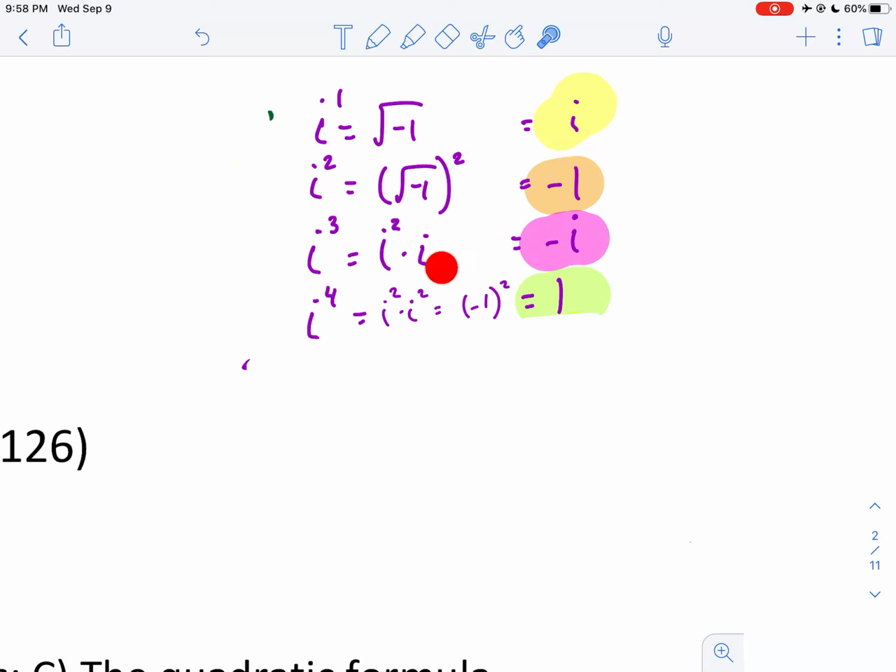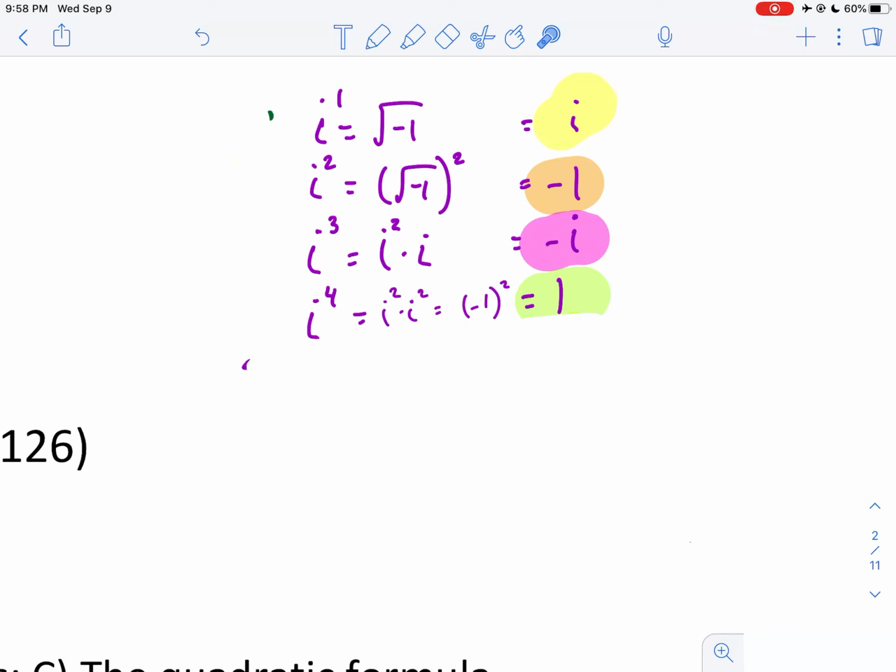I think you would agree with that, right? So i squared we know is negative 1. I is just i, so this becomes negative 1 times i, which is negative i. I to the fourth then, you'd agree is i squared times i squared, which is just negative 1 times negative 1, which is positive 1.